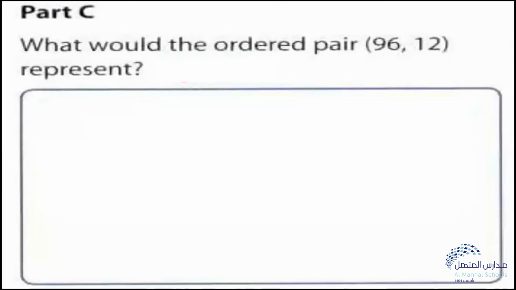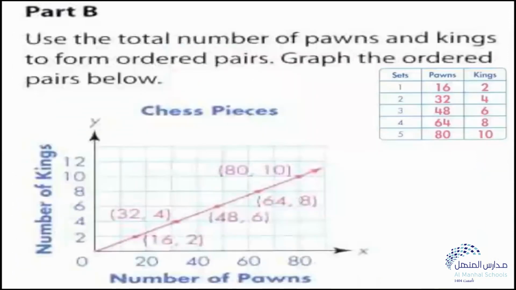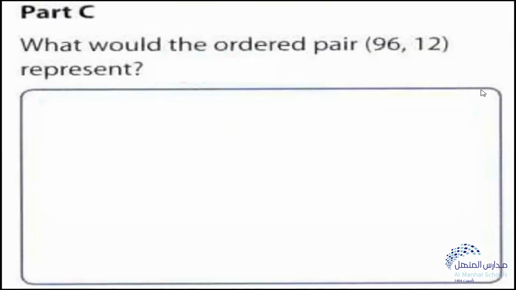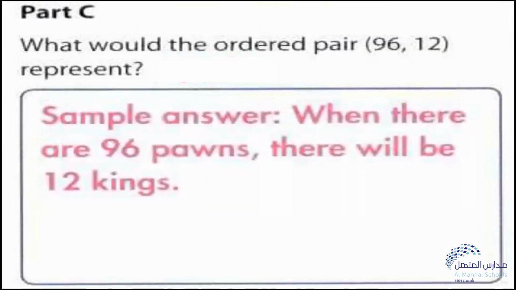When we talk about it, the first part of the ordered pair is pawns, and the second one is kings. So 96 is for pawns and 12 is for kings. So we can represent it as: when there are 96 pawns, there will be 12 kings.